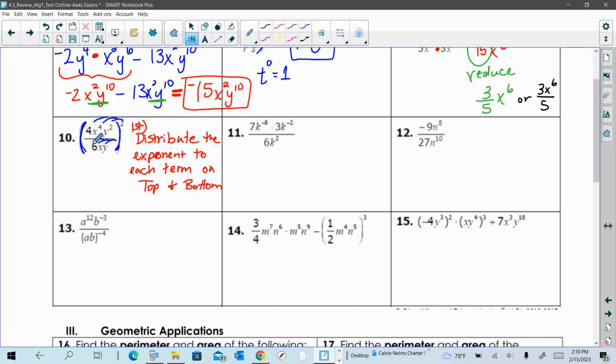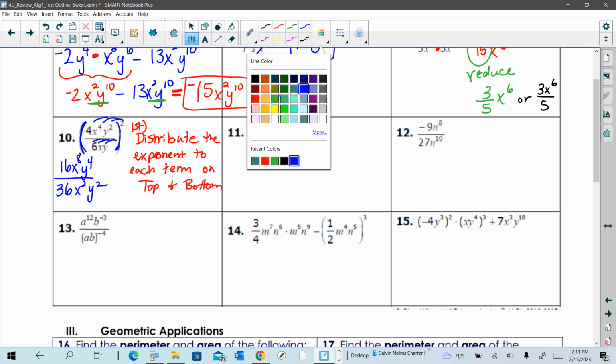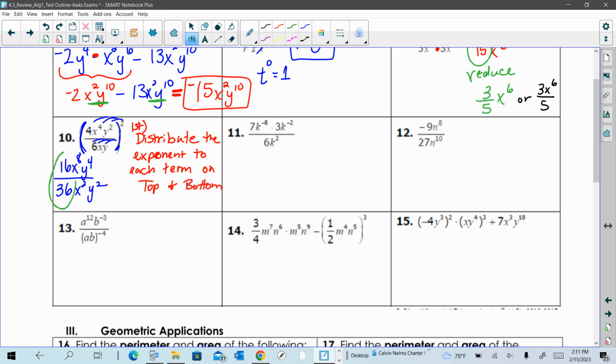When we do that, our numerator becomes 16x to the 8th power, y to the 4th power, all over, well, if I square my 6, that becomes 36x squared, y to the 2nd. And then we're back to having to recognize to reduce this fraction and then subtract our exponents.